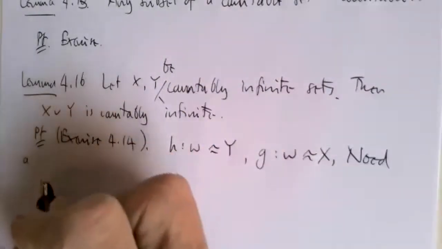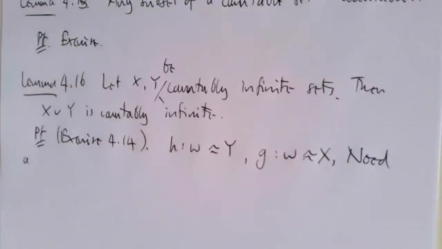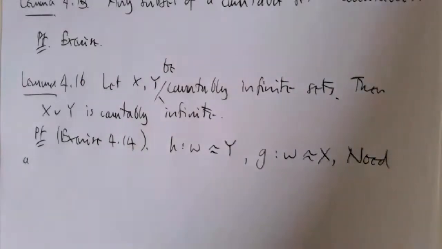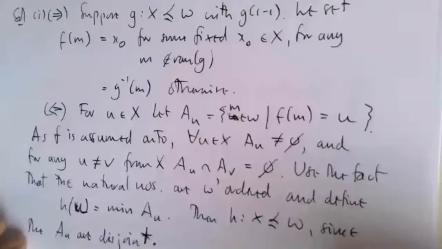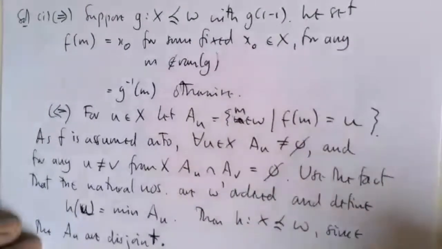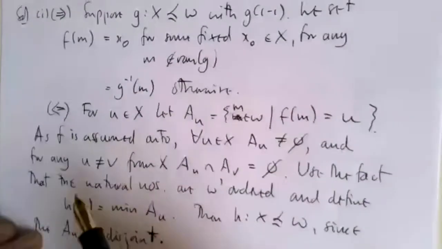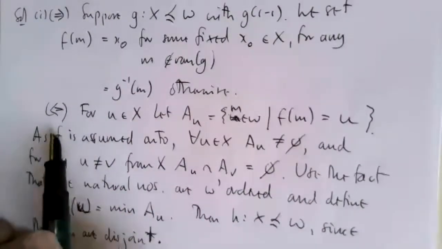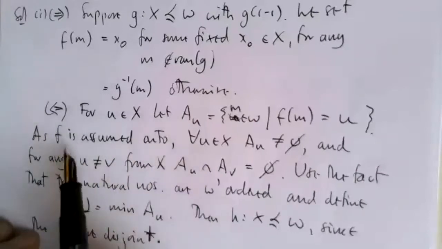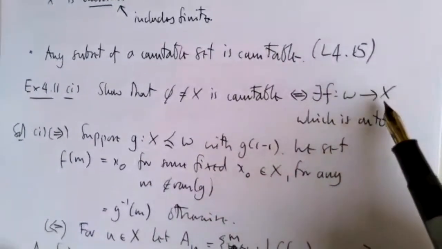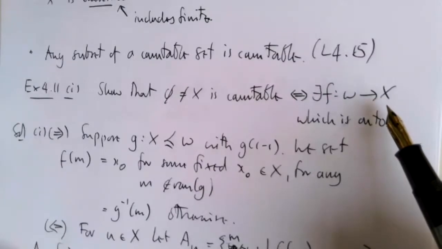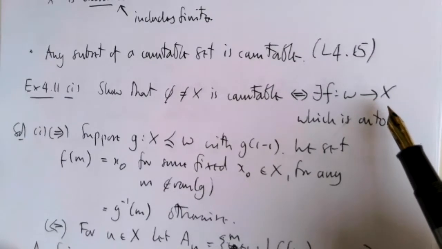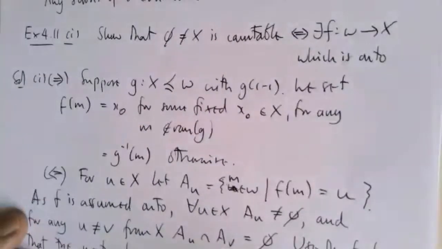Sorry, going back to the proof in the left direction, when you said as f is assumed onto, and then isn't there just a definition of injectivity as opposed to surjectivity? Which direction are you talking about? Right to left here? Yeah, that one, and then just the line below that. F, which is going from omega to x, is assumed to be onto. Yes. Okay, but then the condition that follows with the intersection, isn't that the one-to-one condition?